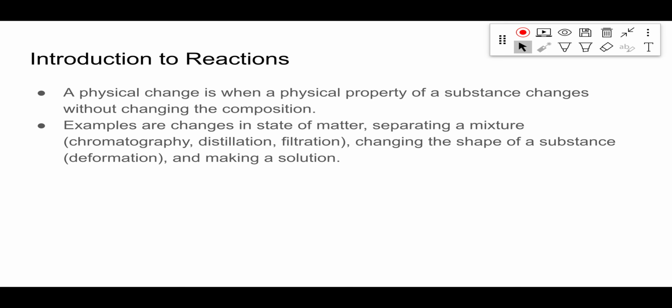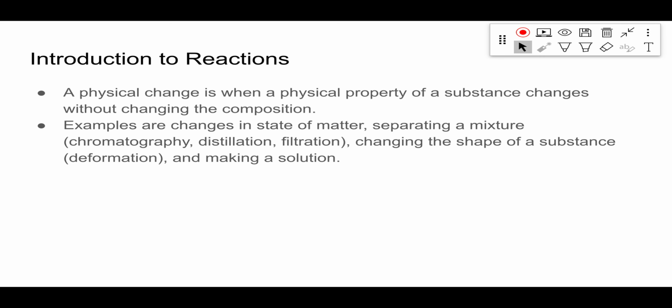Some other things are separating a mixture. Over the course of the semester, we will talk about several different ways to separate mixtures. One is chromatography, another one is distillation, another is filtration. Changing the shape of a substance, which a lot of times in chemistry problems will be referred to as deformation. So if I take a sheet of aluminum foil and I crumple it up into a ball, that is changing its shape, but I didn't make it not be aluminum.